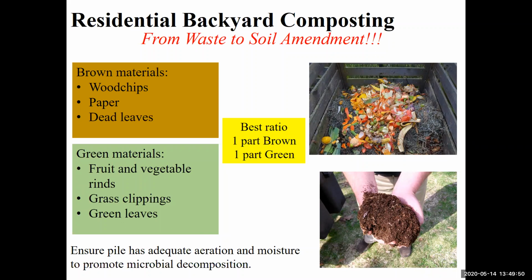For the ideal ratio, we want to add 1 part brown to 1 part green. You also want to make sure that you're providing adequate aeration as well as adequate moisture to enhance the environment for those microbes to decompose the material.